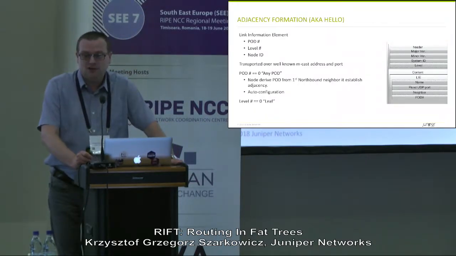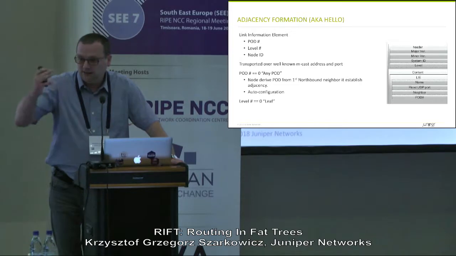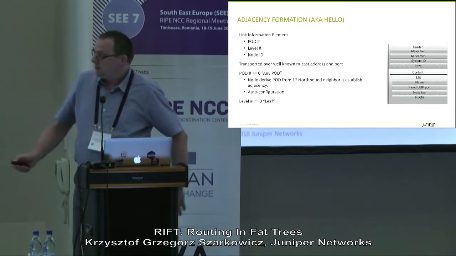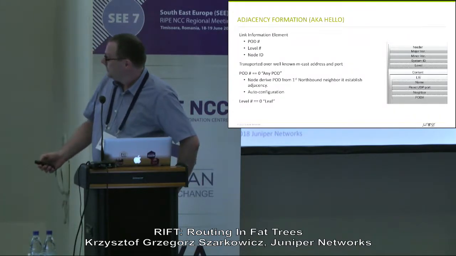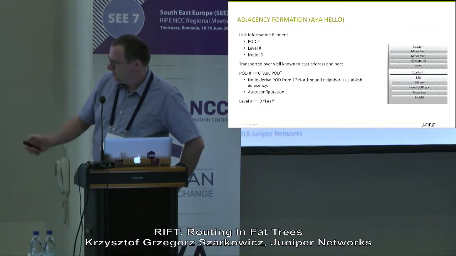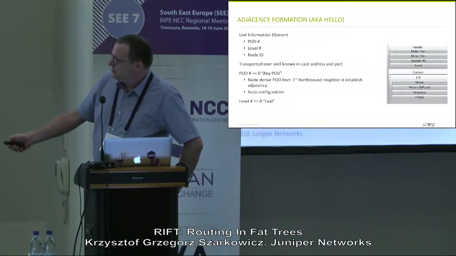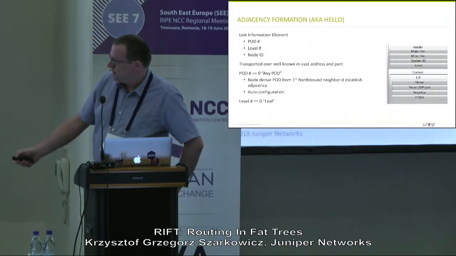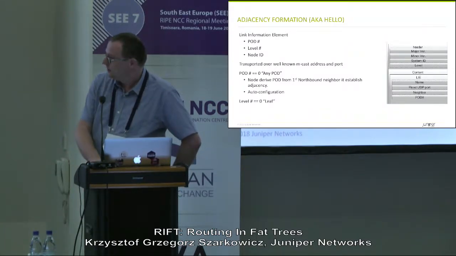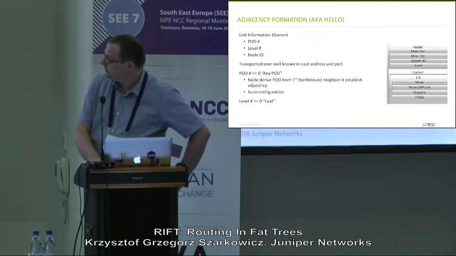So level, as I mentioned, this is a structured network with different levels, so that's the reason we have level. And pod is point of delivery, which is also used in data centers. We use that for auto configuration, which I will discuss later on. If the level is not set or the level is 0, it means this is the leaf, the most bottom node in the network.